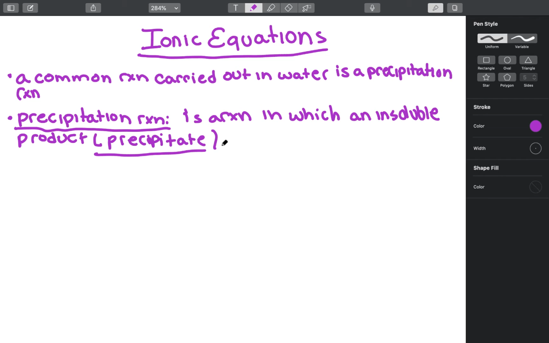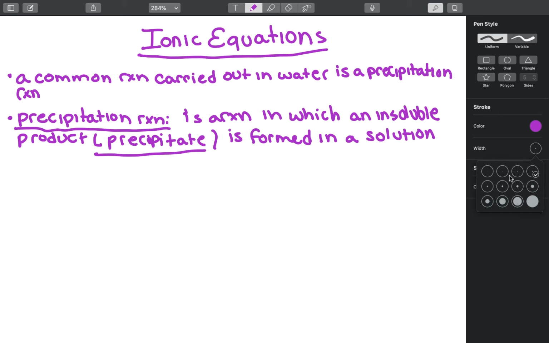So it is a reaction in which an insoluble product, or precipitate, is formed in a solution.